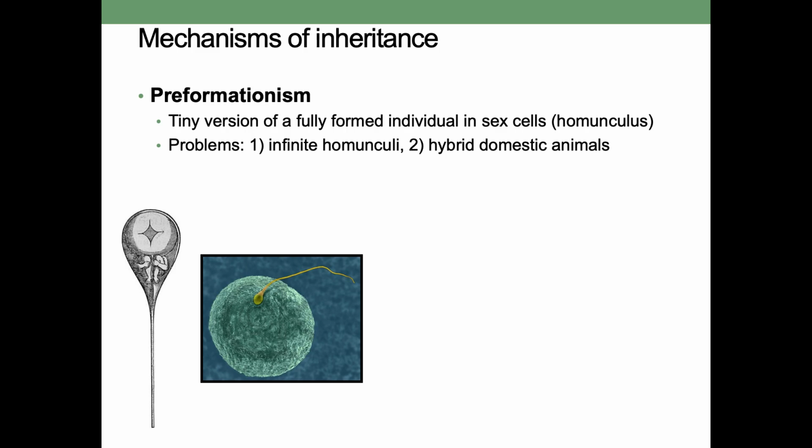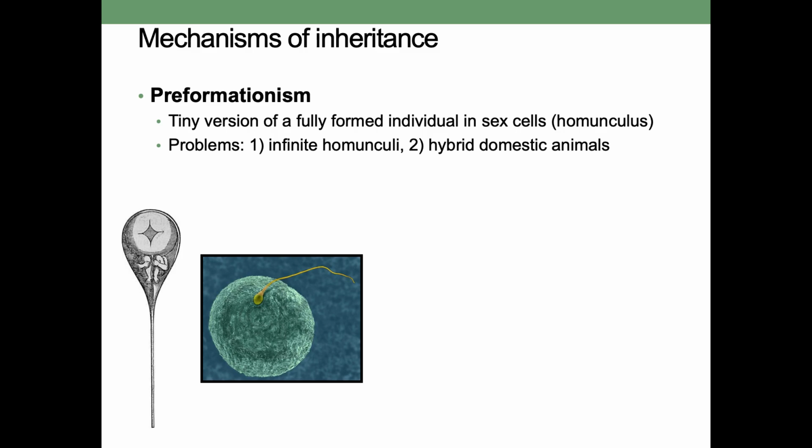And those individuals would have to contain sex cells with fully formed individuals, and so on and so forth through all of time and space, right? So that can't work. It's not possible to have infinite homunculi, separate from the fact that it's just an absurdity to suggest that there are tiny individuals contained in sex cells.